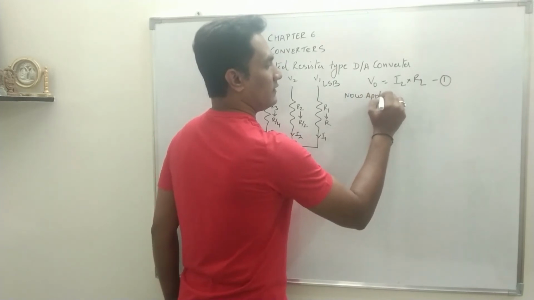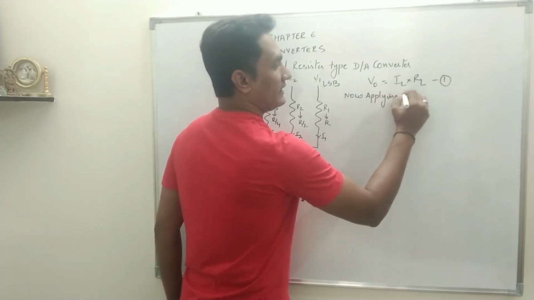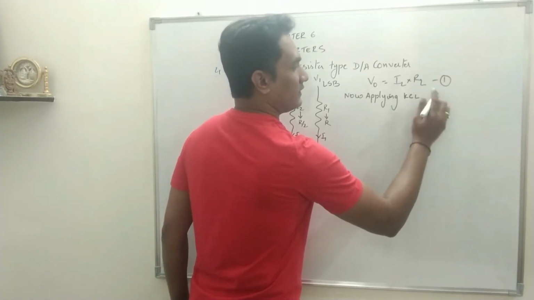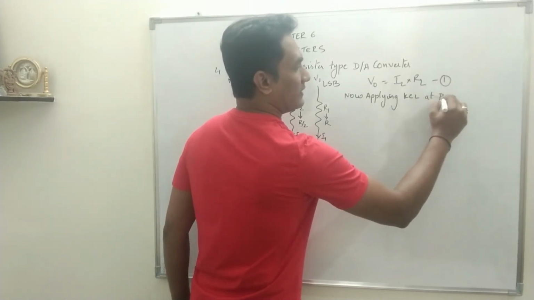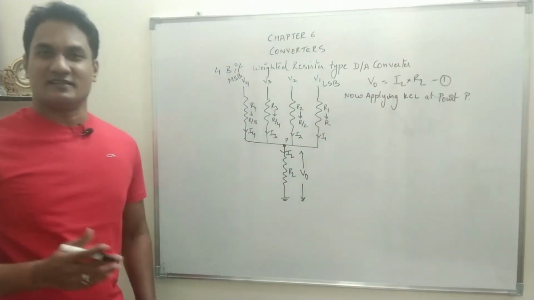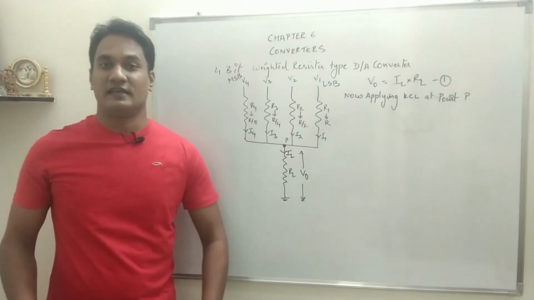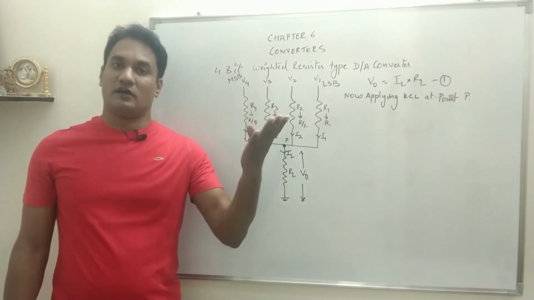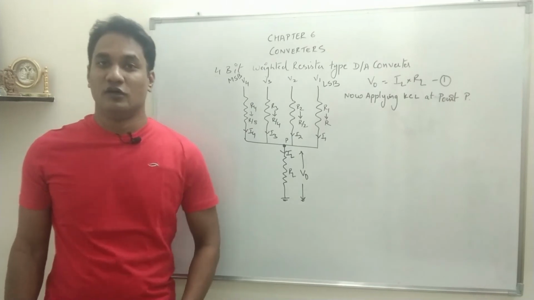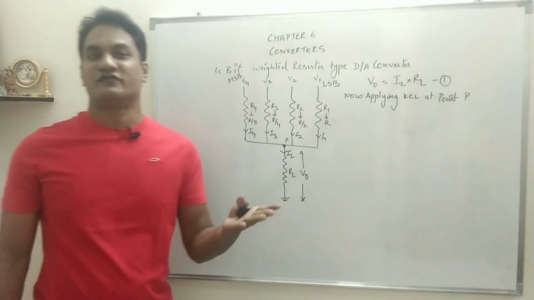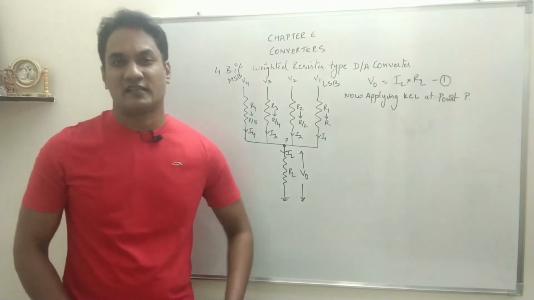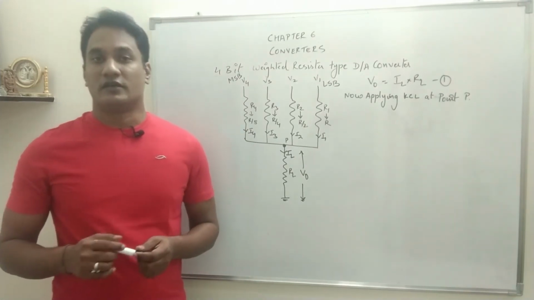Now applying KCL at point P. This term KCL, of course, was in the 11th standard. I don't know how many of you remember this topic. It is called Kirchhoff's current law, and there is also Kirchhoff's voltage law.